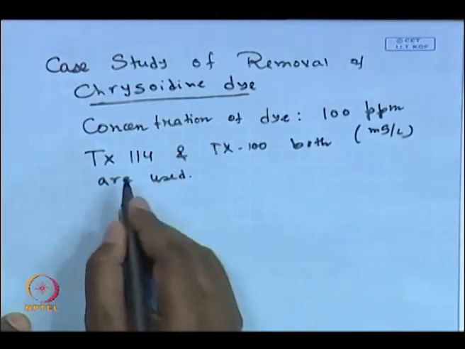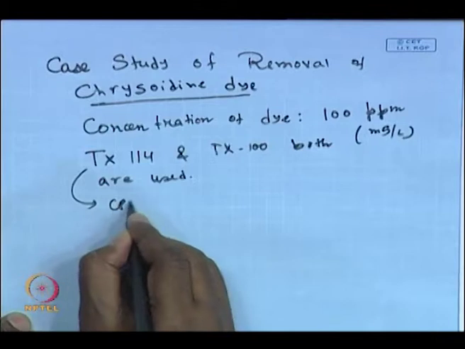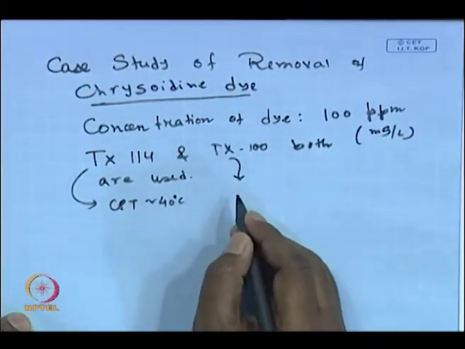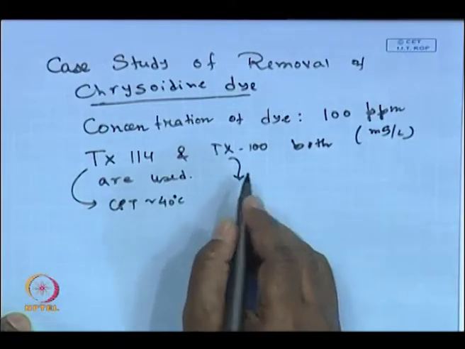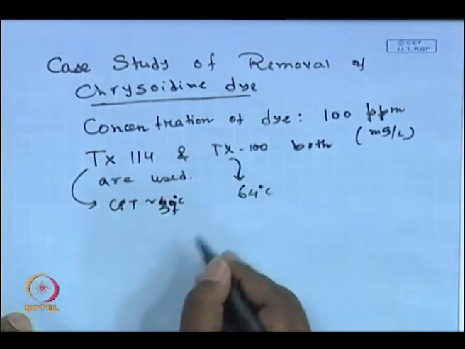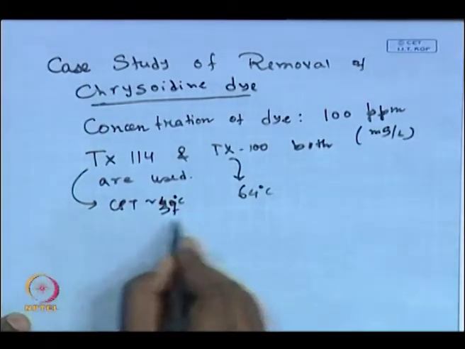Now, the cloud point temperature of TX 114 that we have seen is around 40 degrees centigrade, and for TX 100 it is 64 degrees centigrade. So, one can have the operating temperature slightly above that.